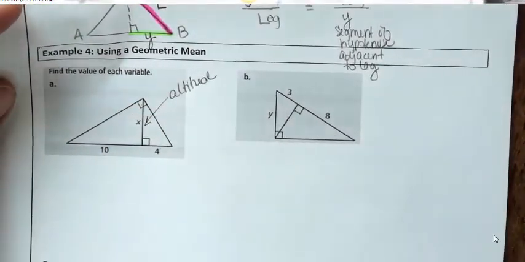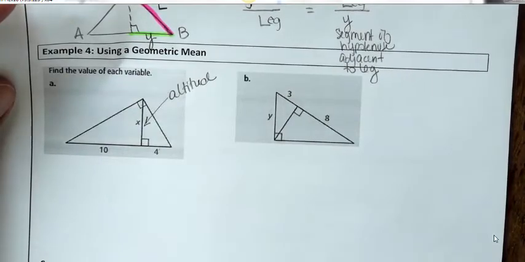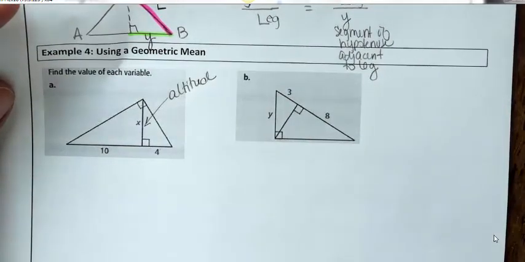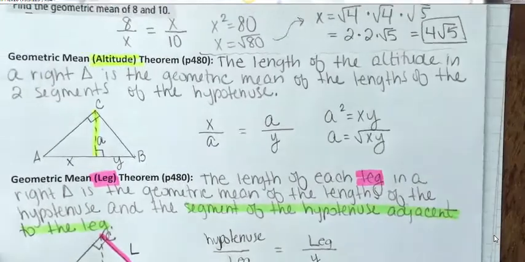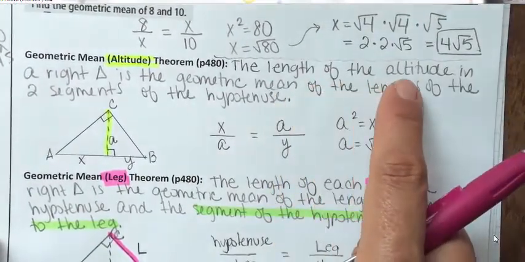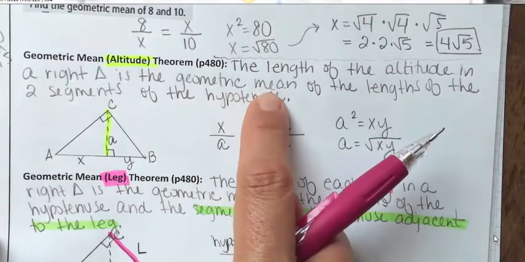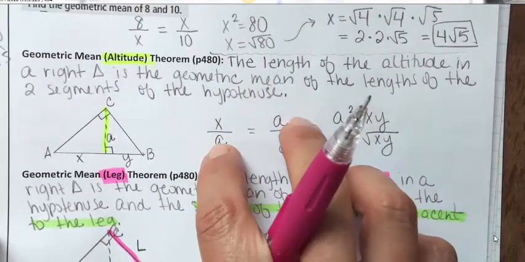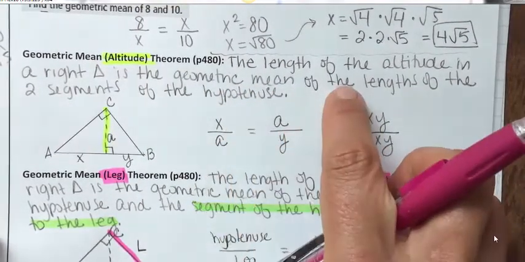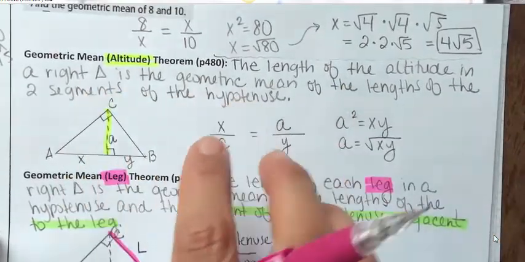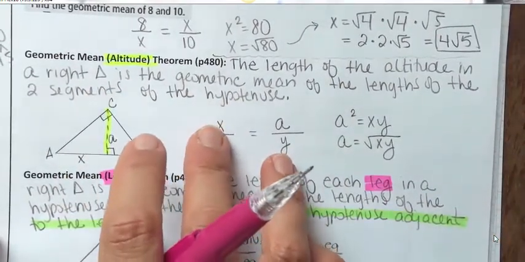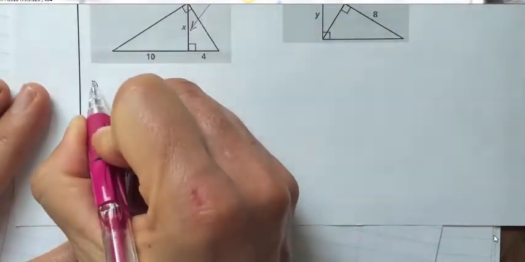So there's no leg, so we're doing the geometric mean altitude theorem, which, once again, let's read that again. The length of the altitude in a right triangle is the geometric mean, right? So it's going to go in between the lengths of the two segments of the hypotenuse. So the lengths of the two segments will go over here. I'm going to set up a proportion.